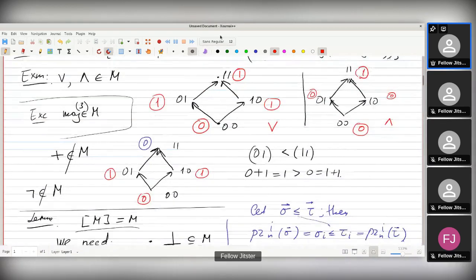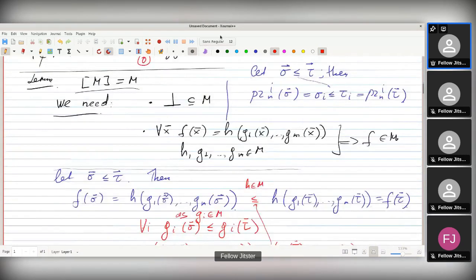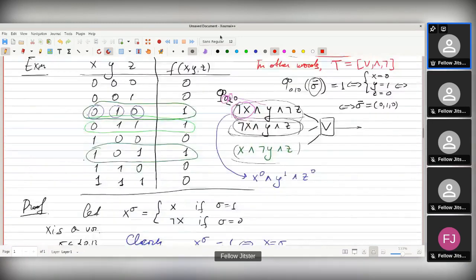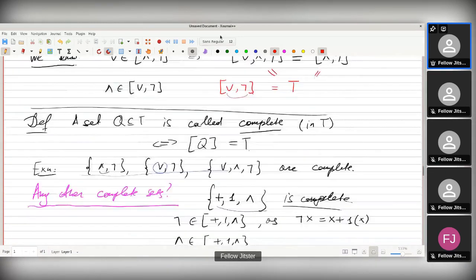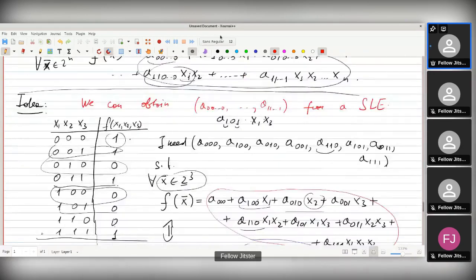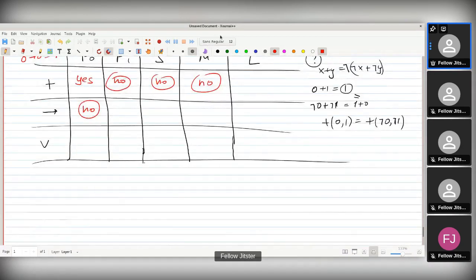It takes 1 at 0, 1, but 0 at a greater tuple 1, 1. But of course addition is linear because its polynomial is x plus y. A polynomial is unique, so it is linear. There is no way to express it otherwise as a polynomial.